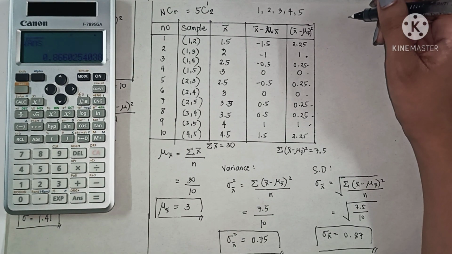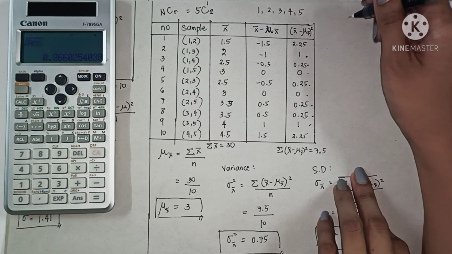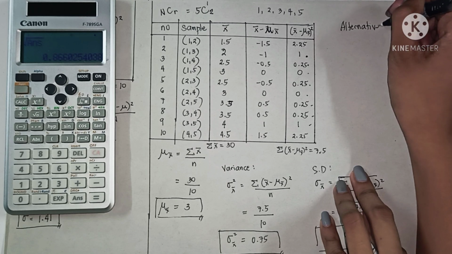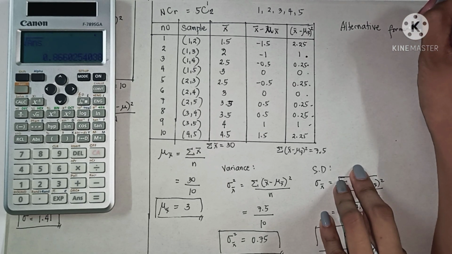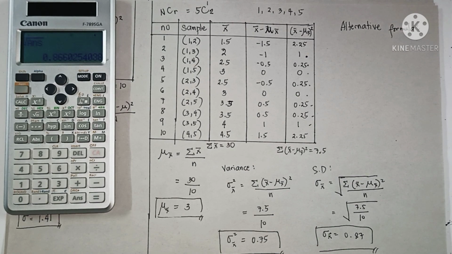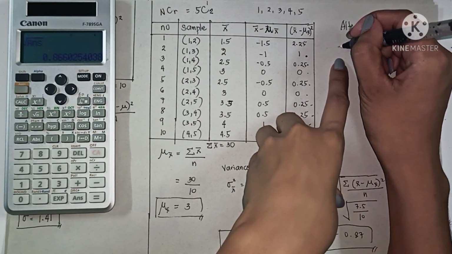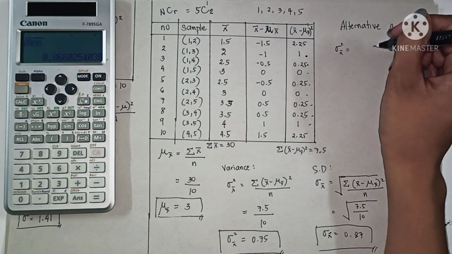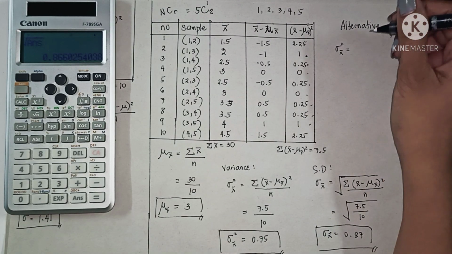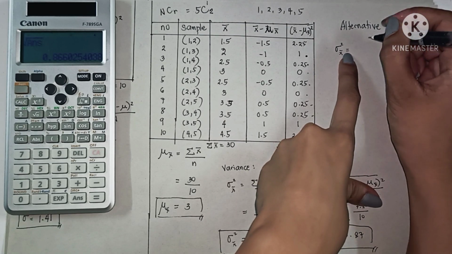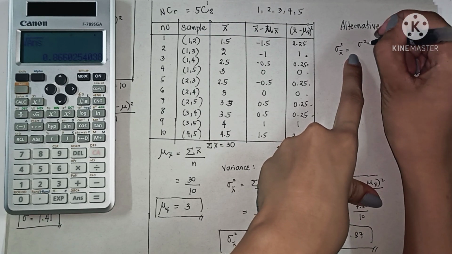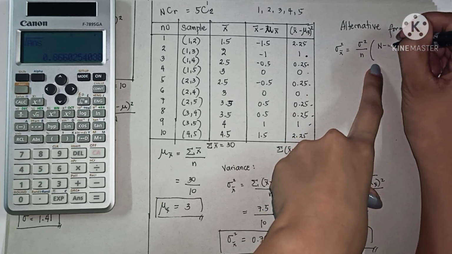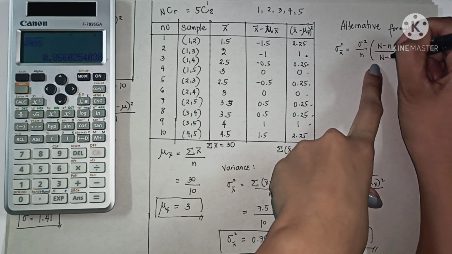So for the alternative formula, yung sigma squared sub x bar natin or yung variance of a sampling distribution of sample means, so that is equal to sigma squared over n multiplied by capital letter N minus small letter n over n minus 1.